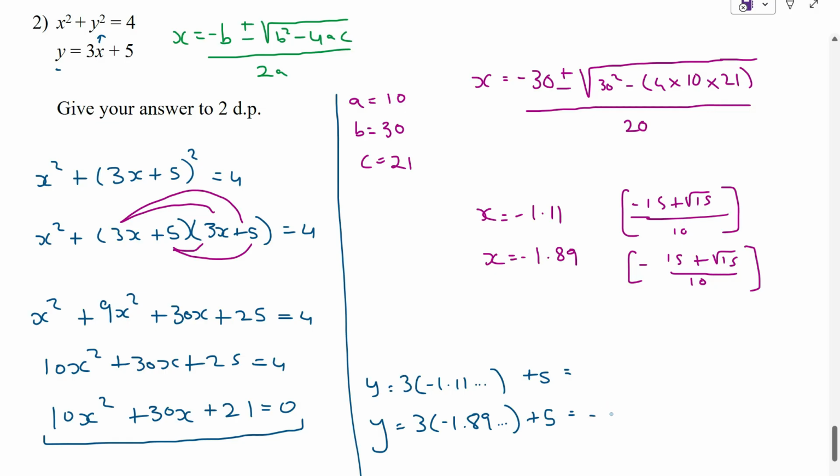So we have minus 0.66 to 2dp, and the fraction equivalent for this. And the second value for y rounded to 2dp is 1.66.